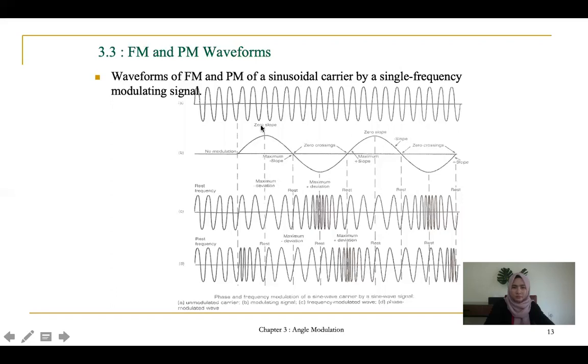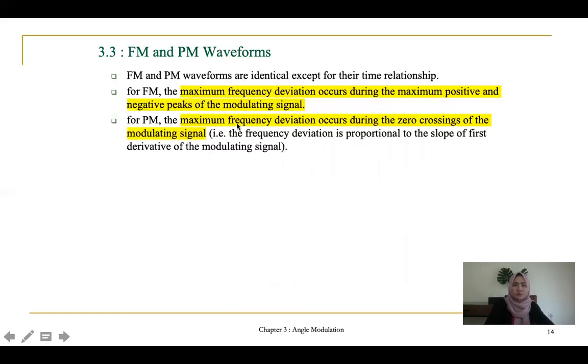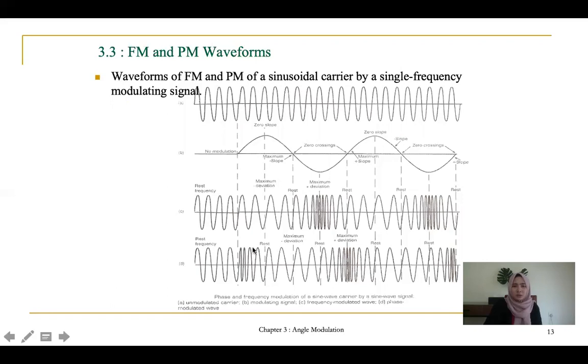This is the maximum deviation. But if you compare to phase modulation, the maximum frequency deviation occurs during the zero crossing of the modulating signal. So you look at here, the maximum deviation happens at the zero crossing. This is the zero crossing, and you can see that this is the maximum deviation and this is the maximum deviation. So that is the difference between frequency modulation and phase modulation.